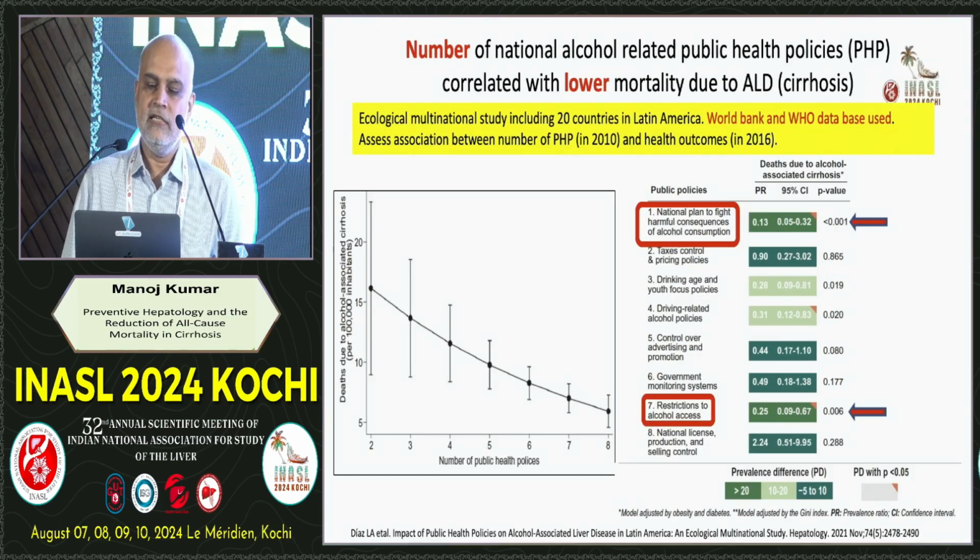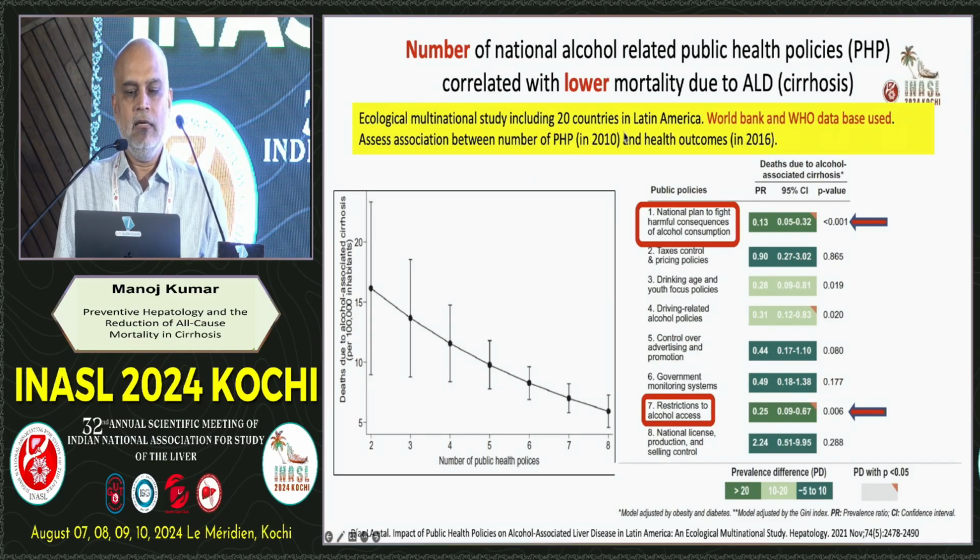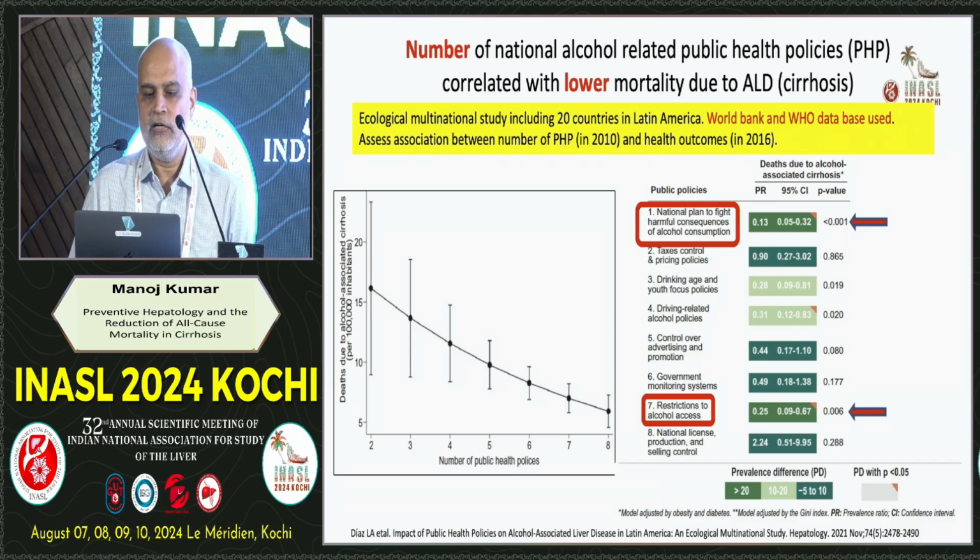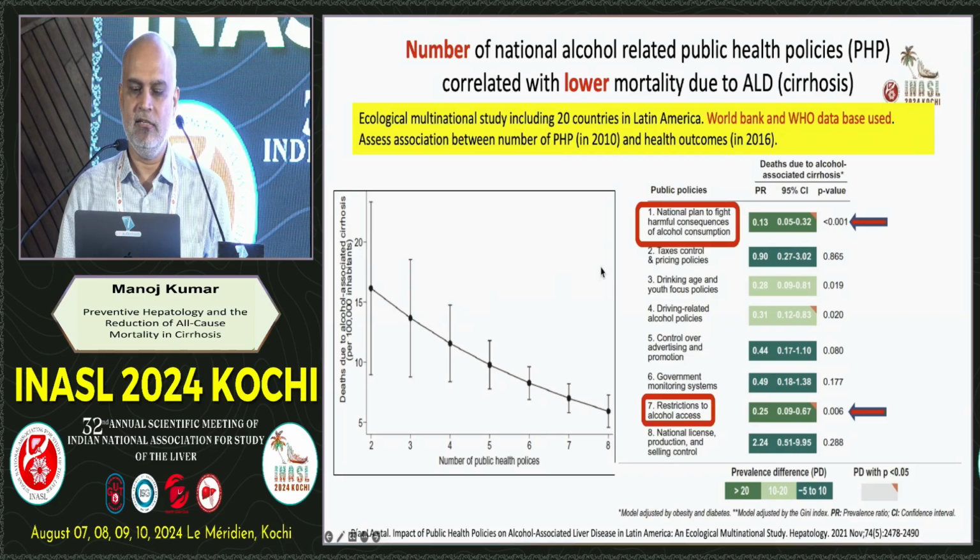Now, this was an interesting study from 20 countries in Latin America, which showed that alcohol related mortality depends on how many public health policies are being followed in that country. As the number of public health policies increases, alcohol related deaths decrease.